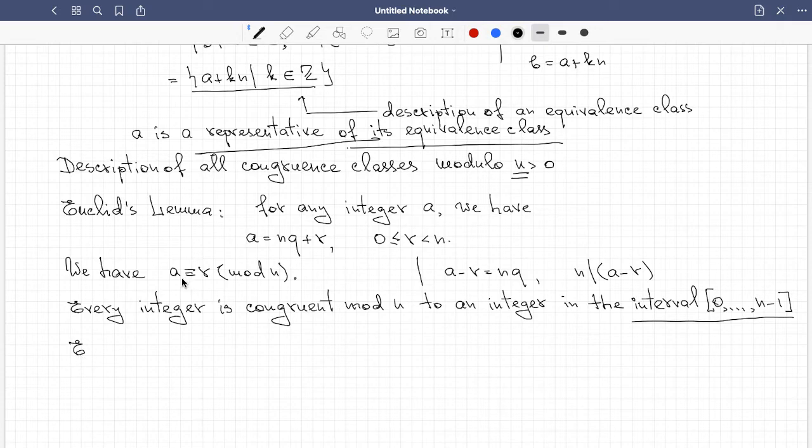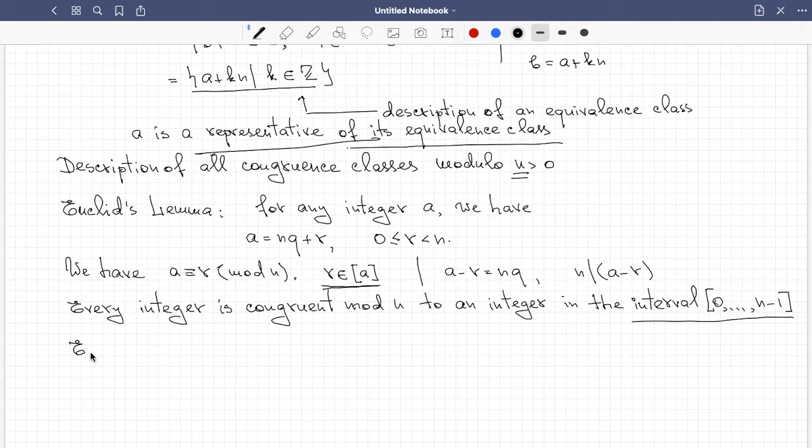A is a representative of its congruence class. R is also an element of the same class, another representative of the same class. We take an arbitrary congruence class and we can find a representative of it in the interval.